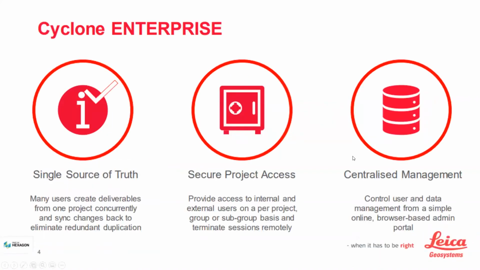Here are some of the features listed. From Leica, what they really want to focus on with Cyclone Enterprise is a single source of truth. It's always important to have current information in one location, whether this is a model or, in this case, point cloud storage. Having that one location instead of wondering whether Justin has the latest, or Phil has the latest and greatest, is critical.